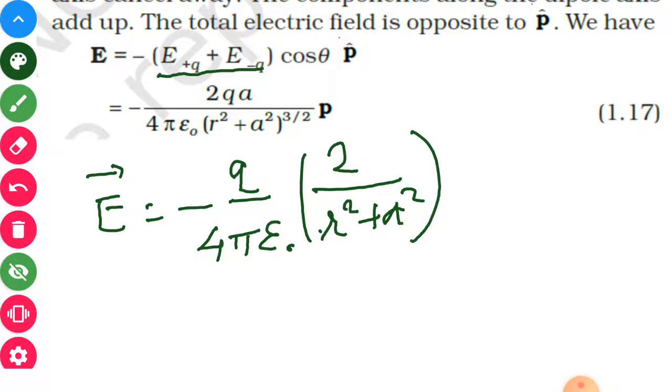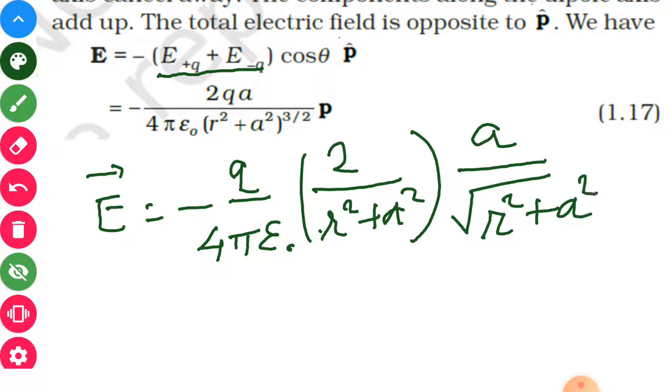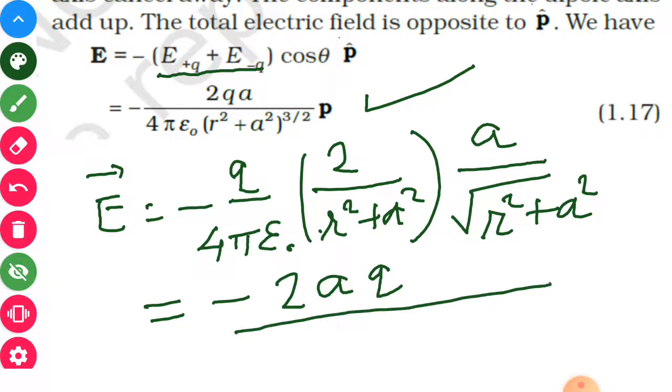Now cos theta is a upon under root of r square plus a square. If you rearrange it, you will get this equation: minus 2a q upon 4 pi epsilon 0.